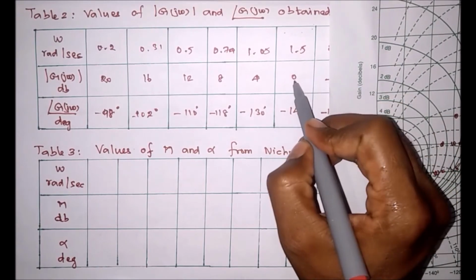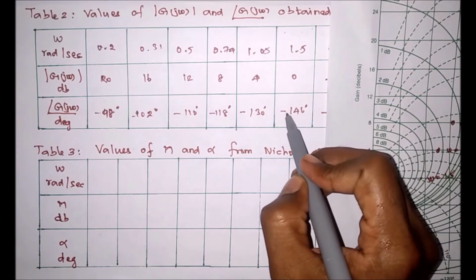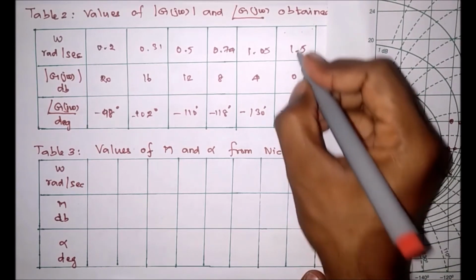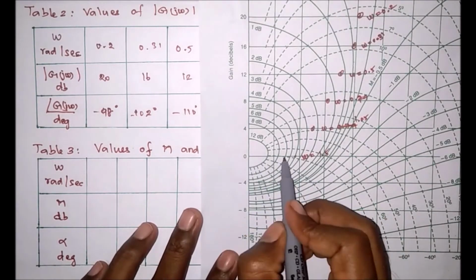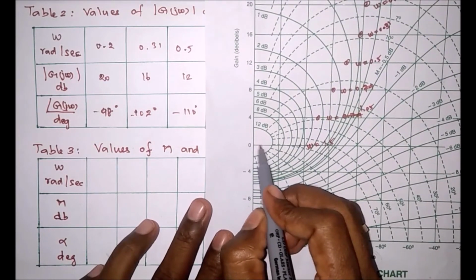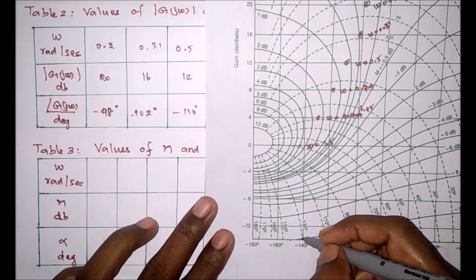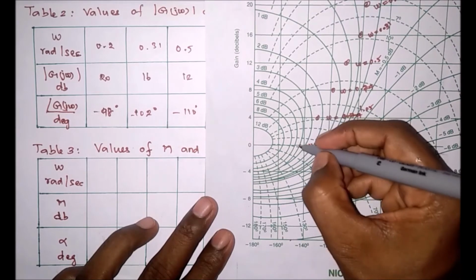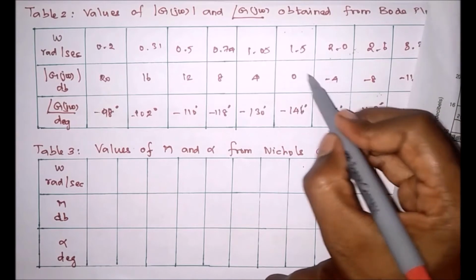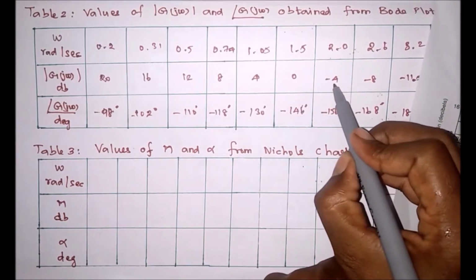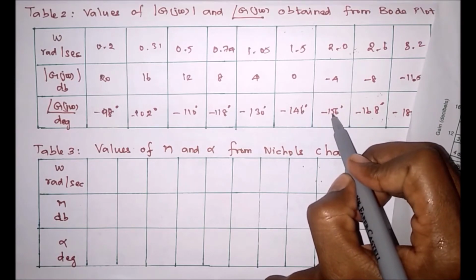Next, for 0 decibels, magnitude is 0 decibels but the angle is minus 146 degrees. So we have to mark here: magnitude is 0 decibels in this Nichols chart, but the angle is 146. This is 140, this is 150, therefore the point will come here. At the time omega equal to 1.5. Next, magnitude in decibels equal to minus 4, angle is minus 156.